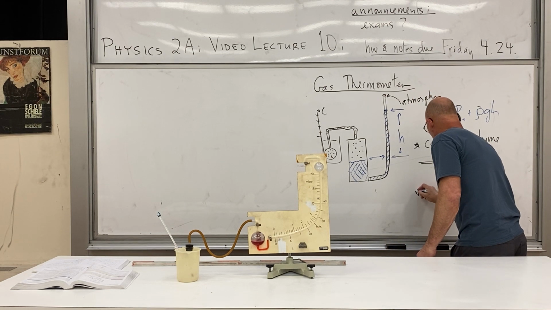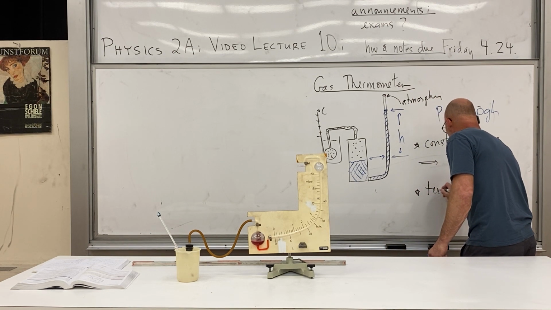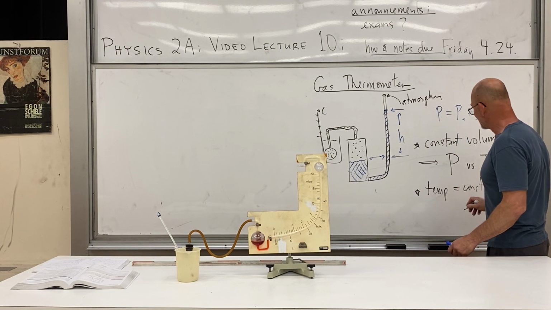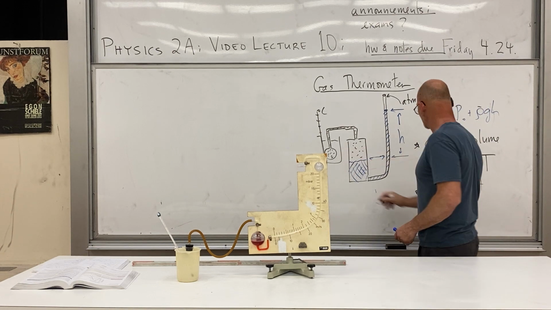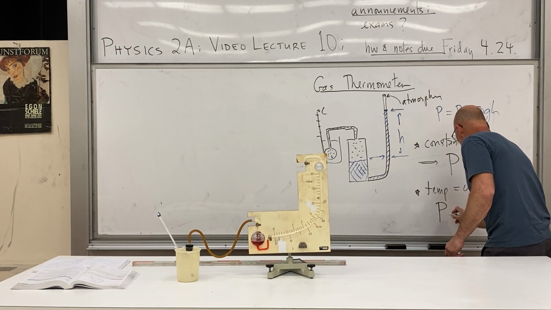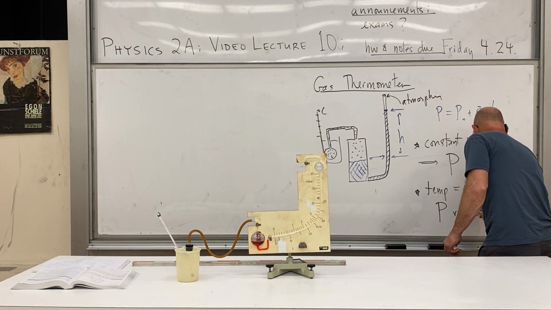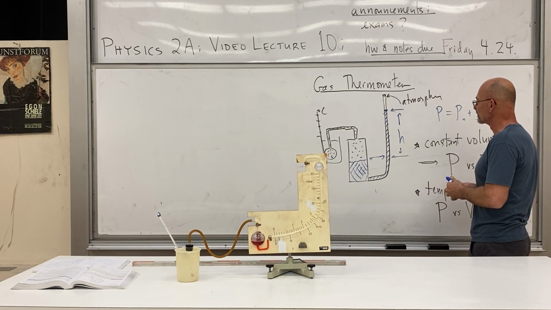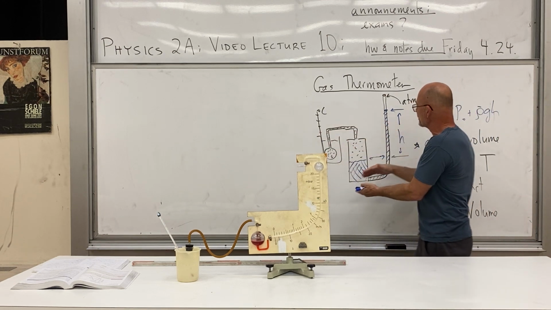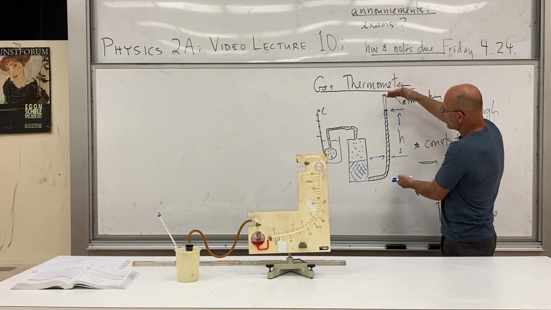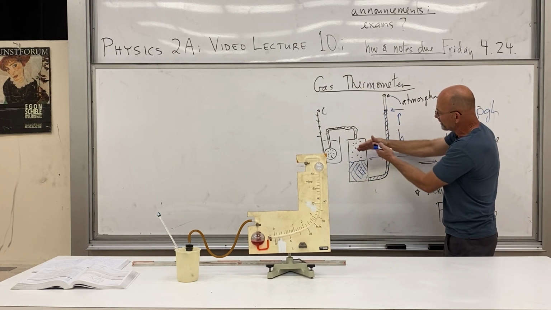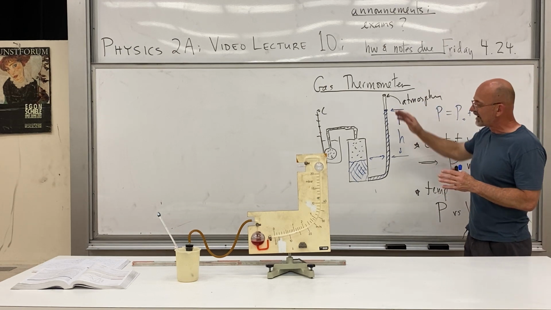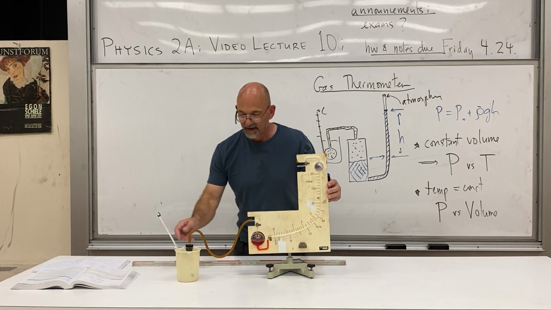And if we hold the temperature constant, then we can get pressure versus volume. So if we had the constant temperature, then we'd increase and decrease the pressure on one side and increase and decrease the volume on the other. Okay. So that's what this gas thermometer type of device will do. So let me go ahead and take this away now.